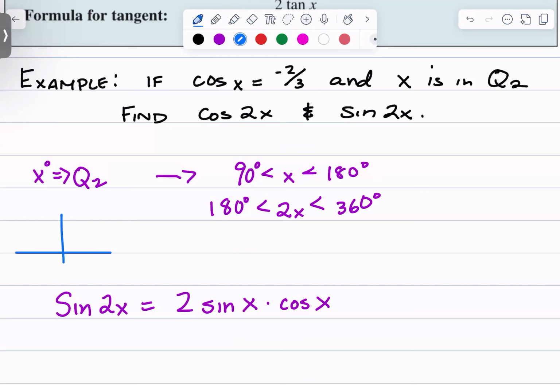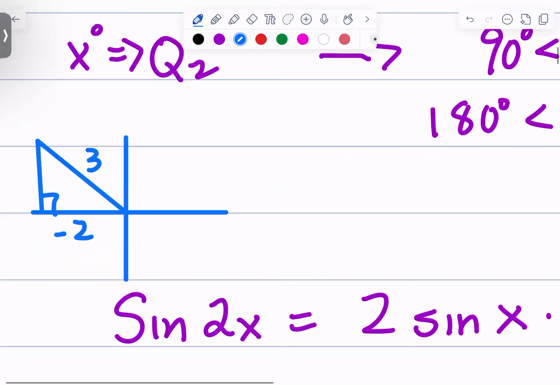We are going to use the Pythagorean theorem, but first we have to draw it out, right? So in the second quadrant, I want to draw a random reference triangle. Cosine is negative 2/3, so that's negative 2 over 3, x over r. So what's my y value? Square root of 5.